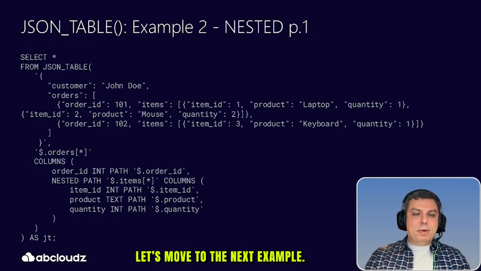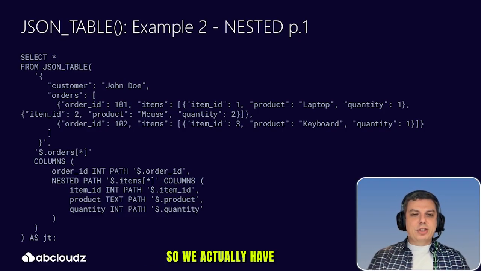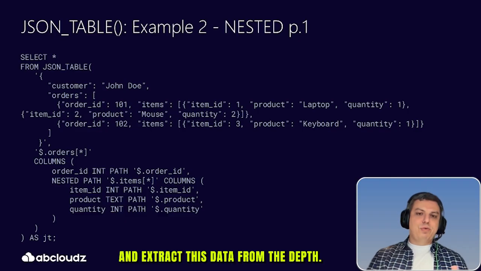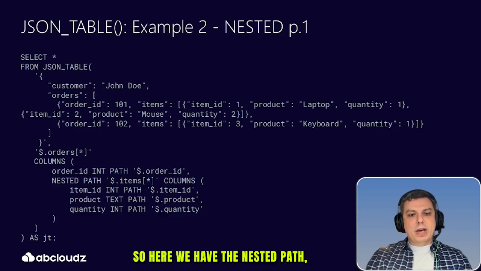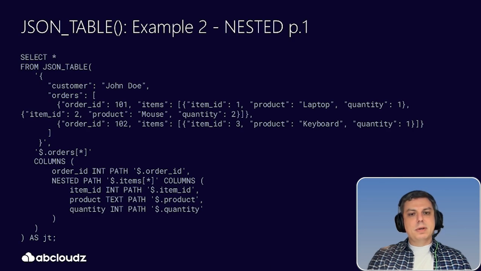Let's move to the next example. The next example is about nesting. So we actually have JSON data inside the JSON data, and we want to dive into this document and extract this data from the depth. So here we have the nested paths, as you can see on the line, starting with this clause.